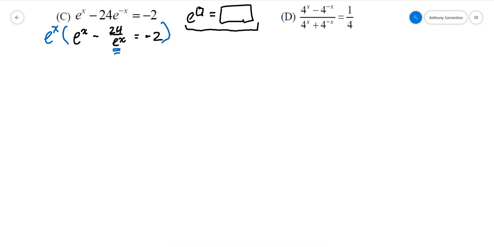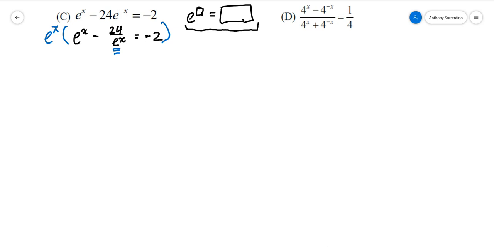Well, 24 over e to the x power, having some rationalness to it, could potentially have extraneous solutions because I'm making an assumption that could not hold. In the long run, e to the x power is not going to produce a zero because e is a positive number, and I can't raise a positive number to an exponent and get zero. So I can get close, but I'm not going to get zero.